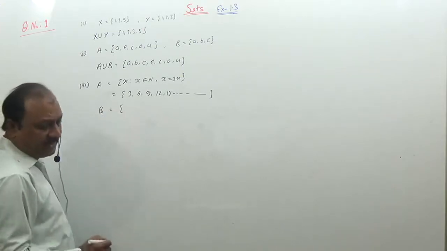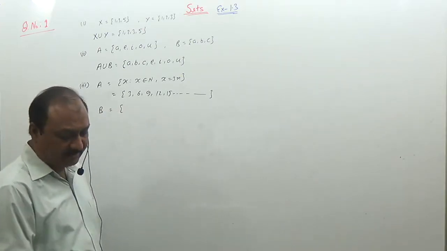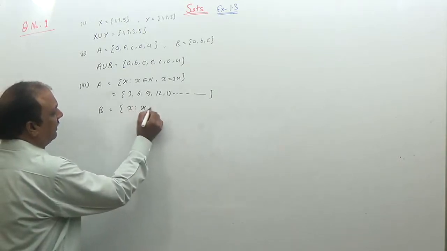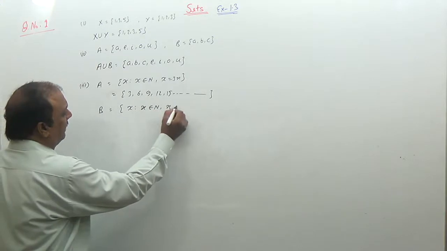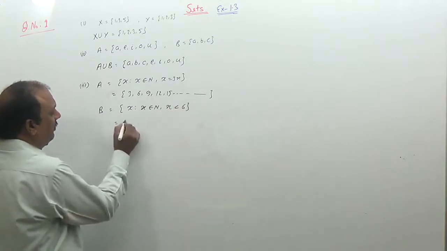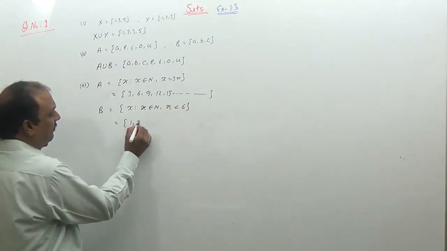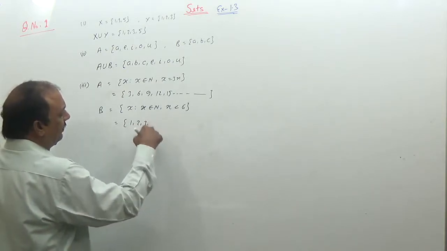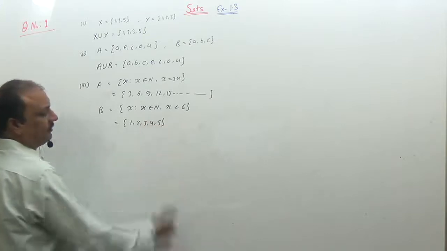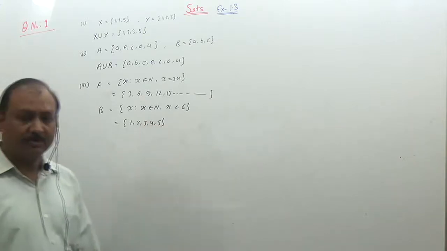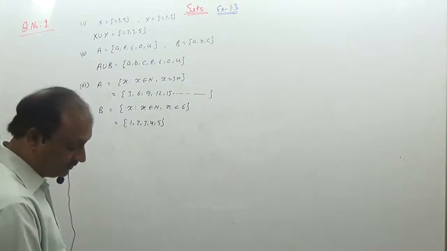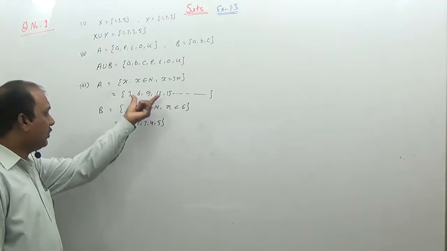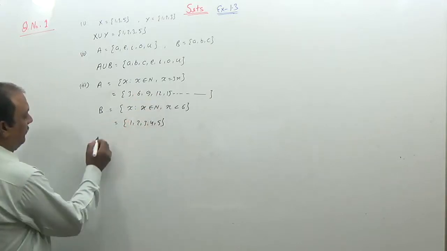Set B is defined as {X such that X is a natural number and X is less than 6}. Write down its roster form as 1, 2, 3, 4 and 5. So this one is the set B, natural numbers less than 6. We want to take their union.